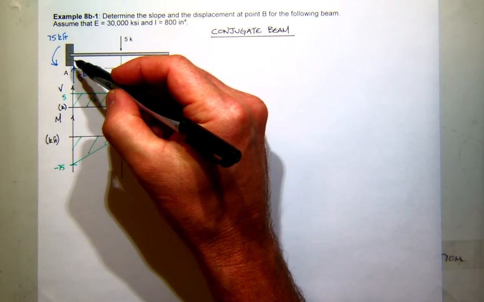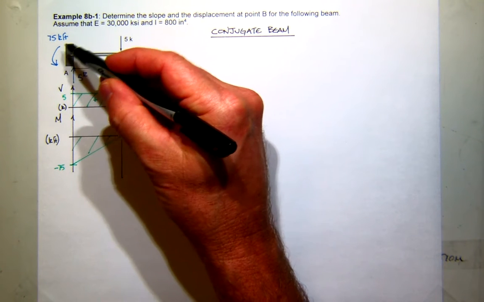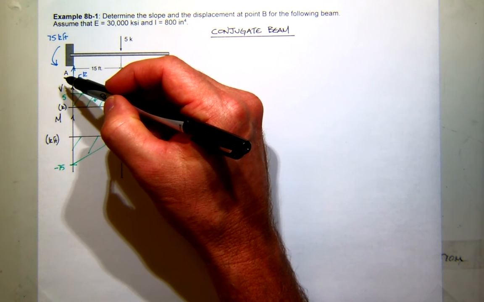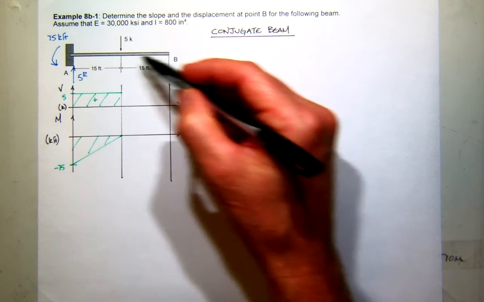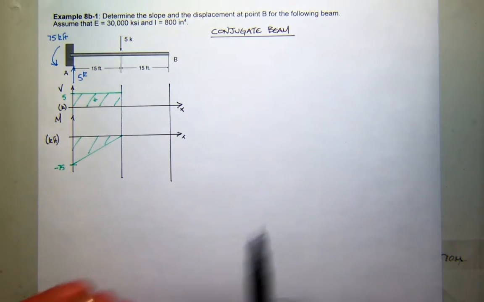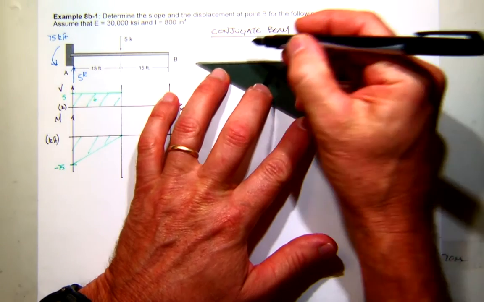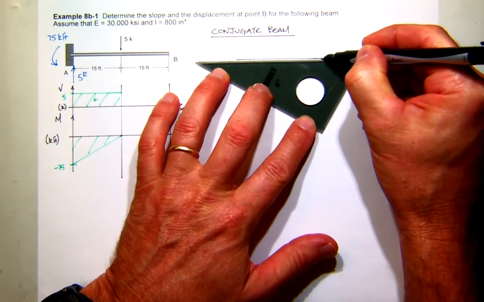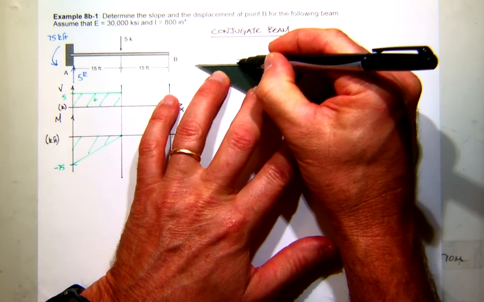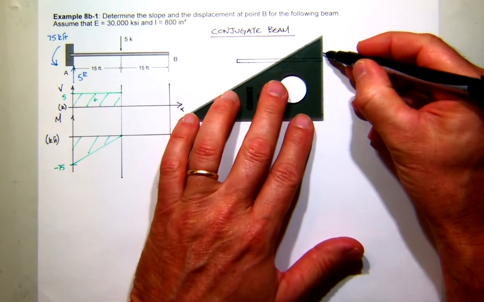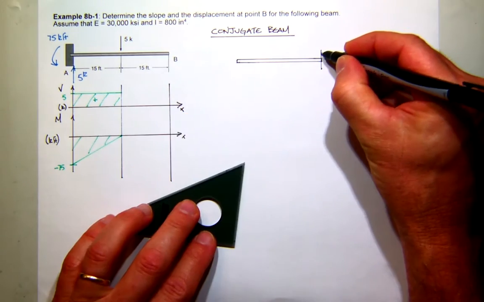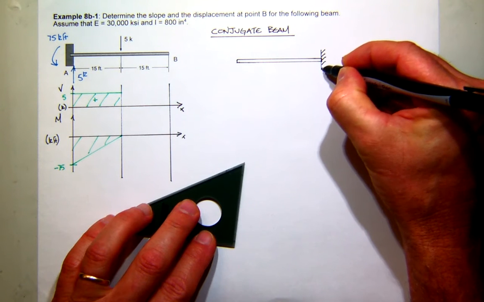So we've already talked about this before, but a fixed connection in conjugate space is what? A free end, and a free end is fixed. So it looks like the beam kind of turns around. Now that's just kind of a coincidence here. It's not a pattern that you should pick up.